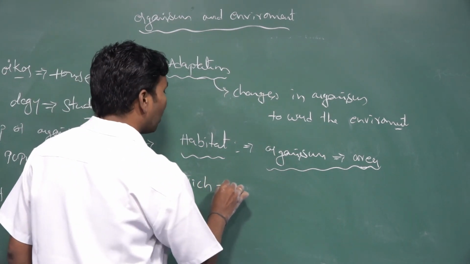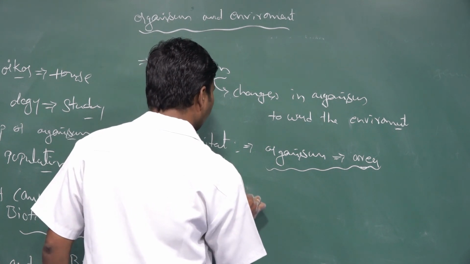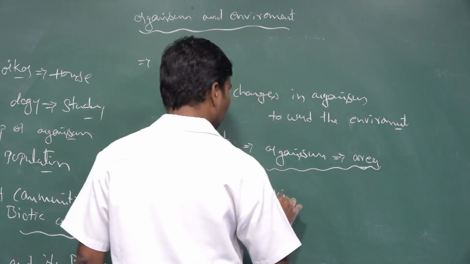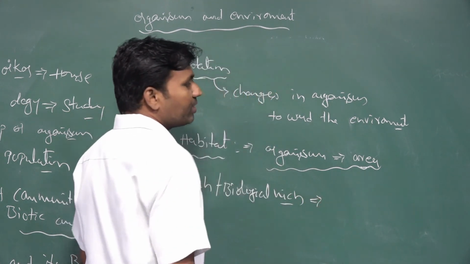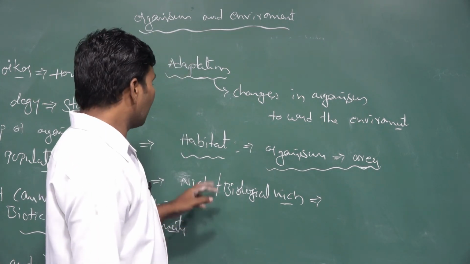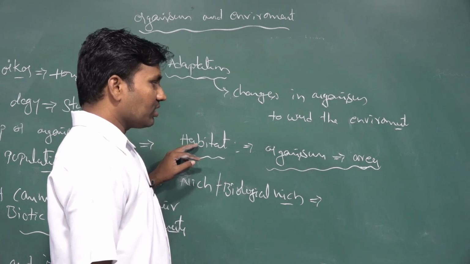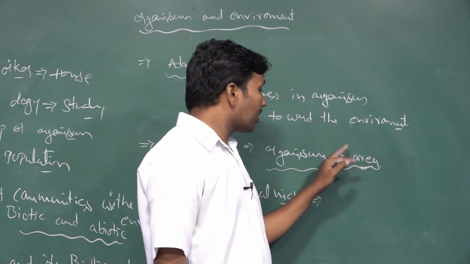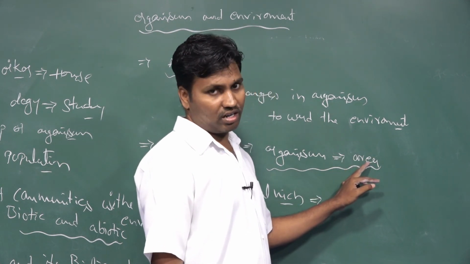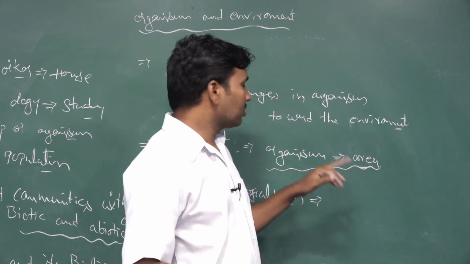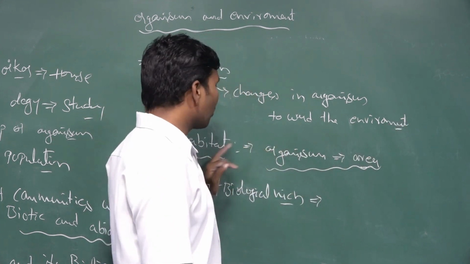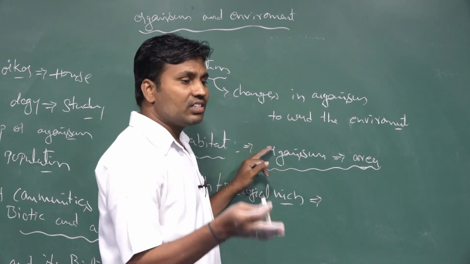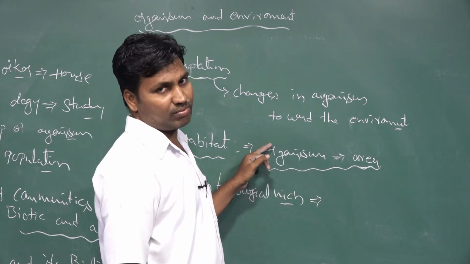And niche, also called the biological niche. What is meant by the biological niche? In the habitat, organisms survive in one particular area. This area can be shared by many organisms. The entire area where an organism survives is called its habitat, and it may be shared by other organisms also.